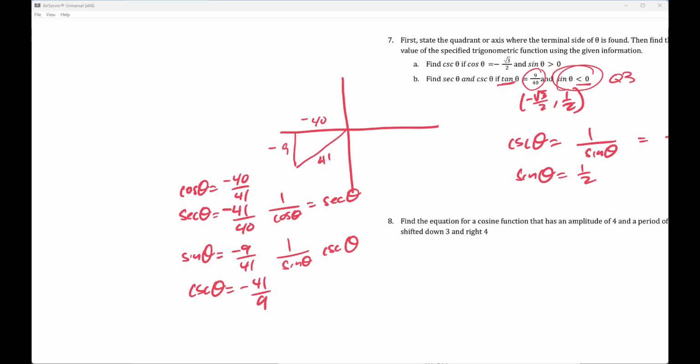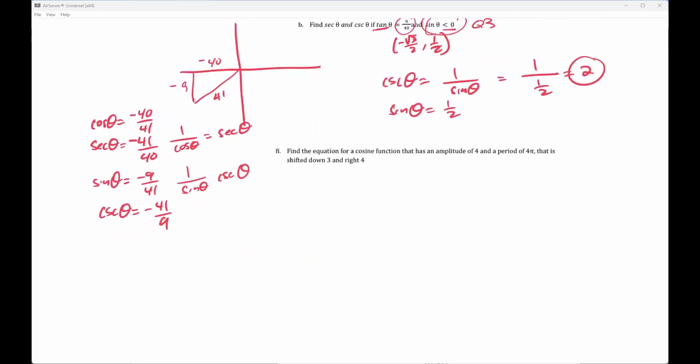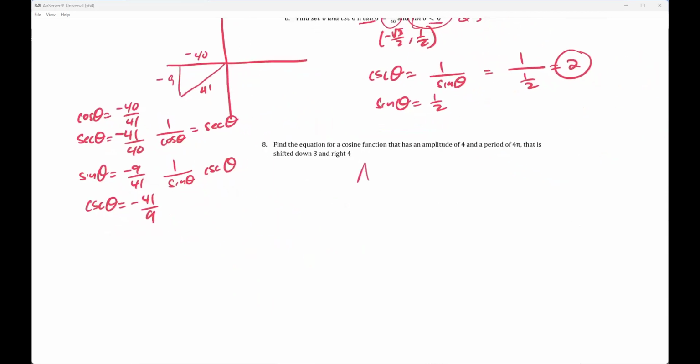Number 8 is pretty fast. Remember it was A sine B and then X plus C minus D. Remember that formula? Or it's actually, wait, sorry, it's plus and then minus, right? My bad. Okay.